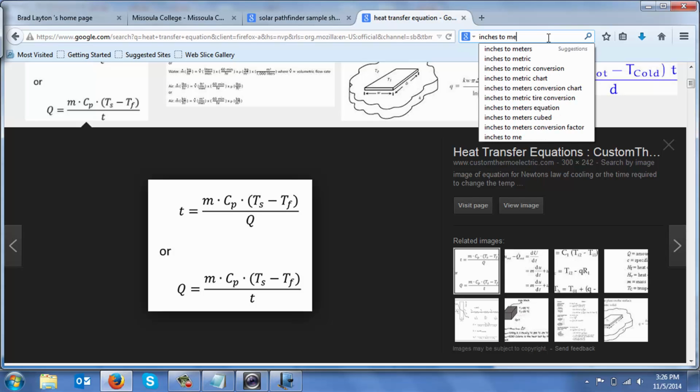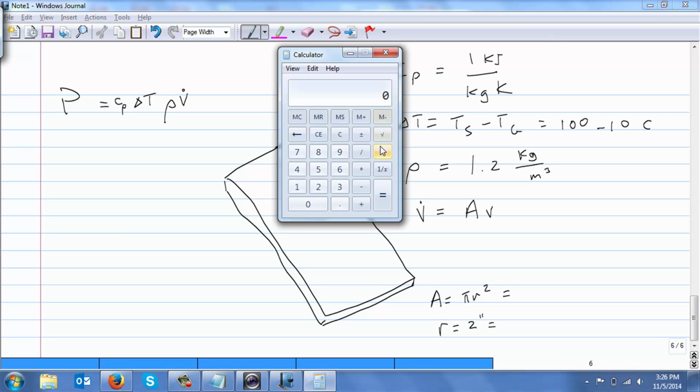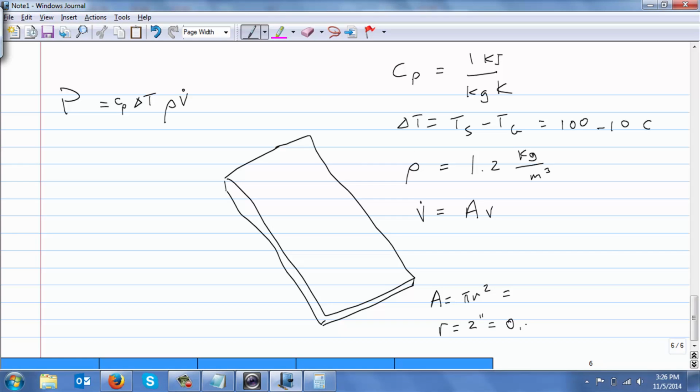Inches to meters, 0.0254. So calculator, 2 times 0.0254 equals 0.0508 meters, right?